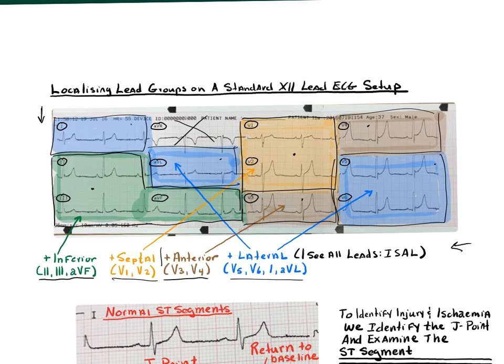What do you think? No, because they don't represent the same area of the heart. So you could not call lead 2 and lead V4 contiguous. You guys okay there? Now that term is going to become more important when it comes to localizing or identifying an area where I have problems.